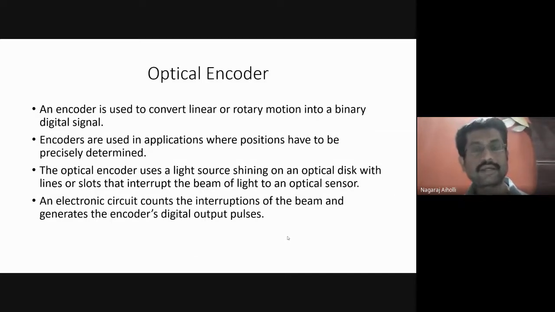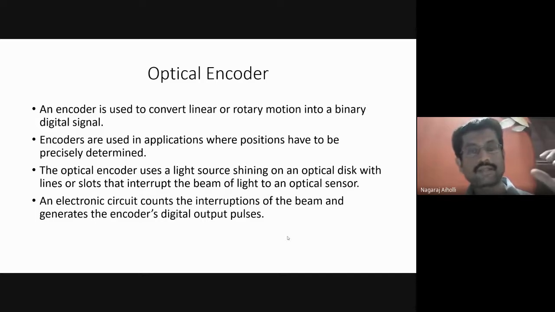The next topic that we are going to study is on optical encoder. This also I told in explaining one of the portions in module 1. Optical encoder, it is using the light energy. Optical means light energy. It uses the light energy to measure the speed or to sense the presence of the object.